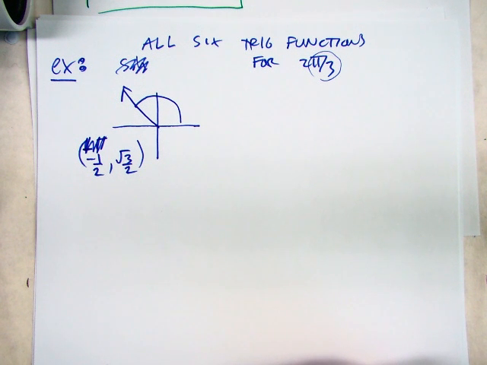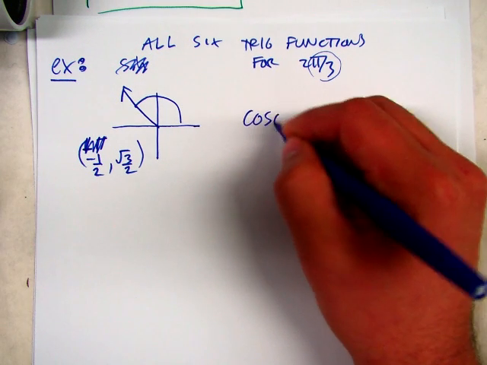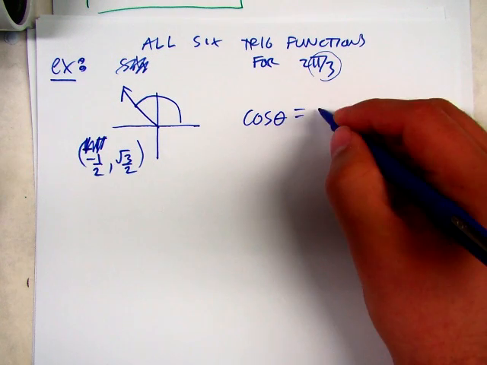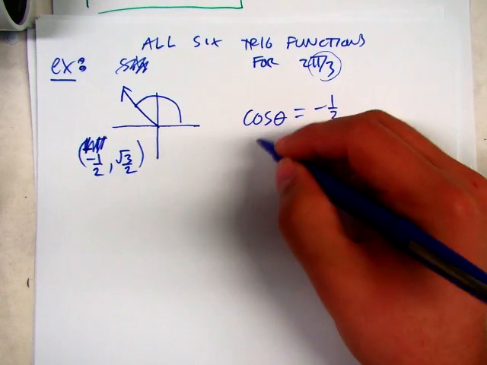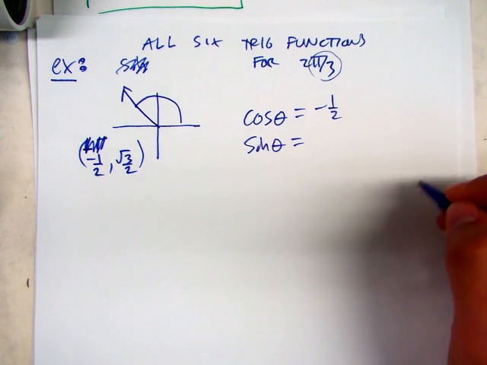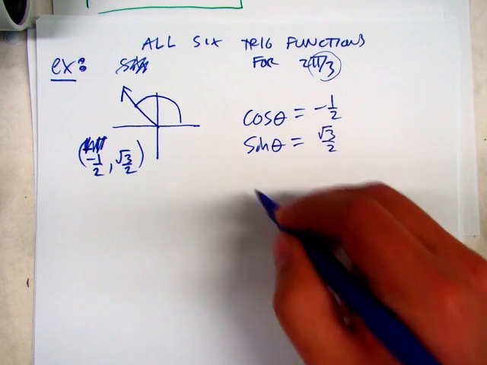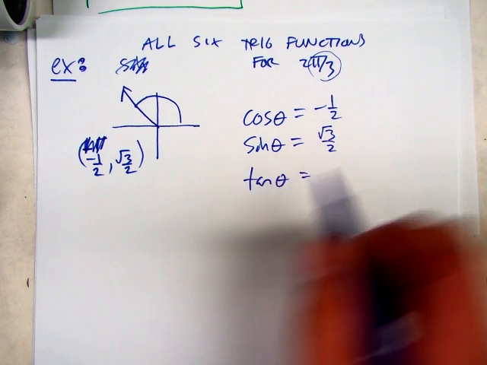All 6 of those trig functions, which, yes, you have to memorize. So let's find them. Cosine is what coordinate? That's x, so negative 1/2. Sine for this angle is root 3 over 2. Tangent theta is going to be y over x.